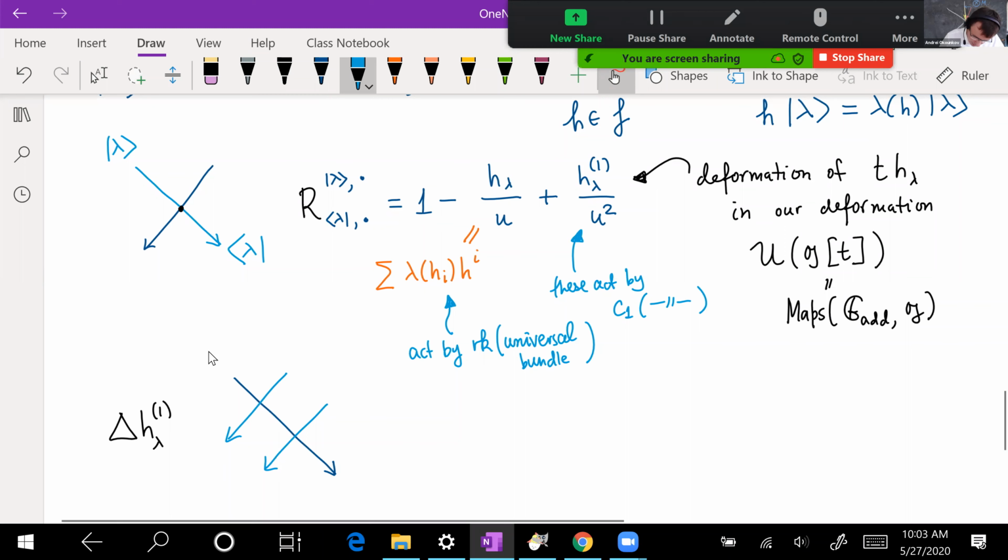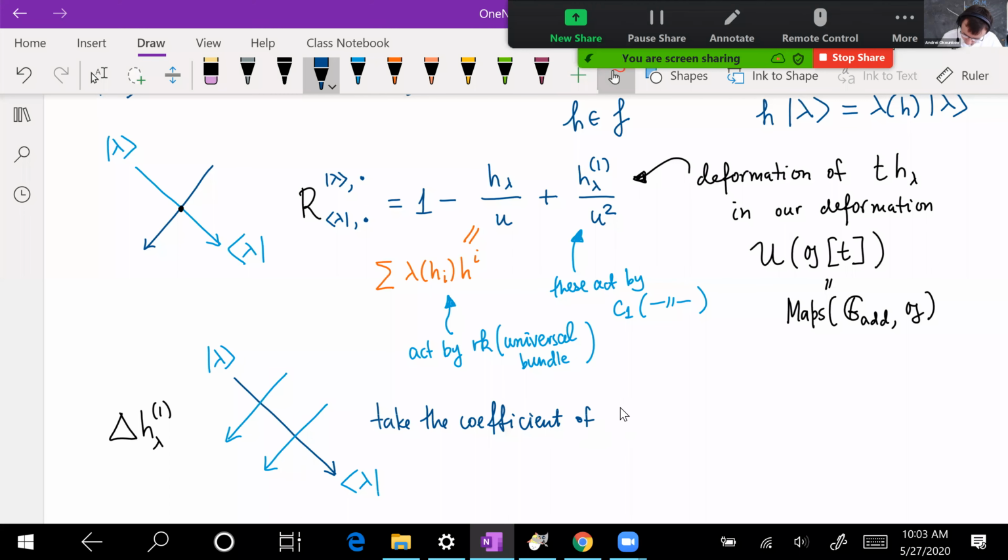And so here I put my matrix element I want. Now from this I have to take the coefficient of 1 over u squared.